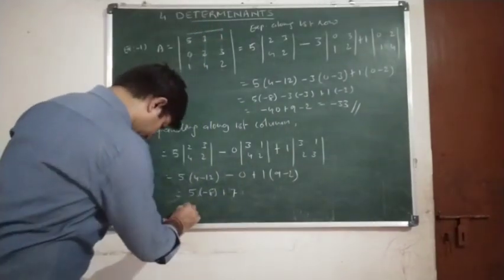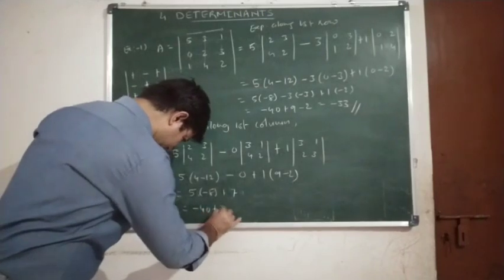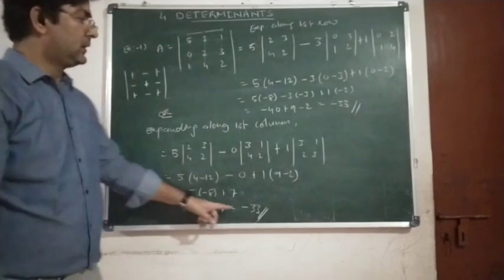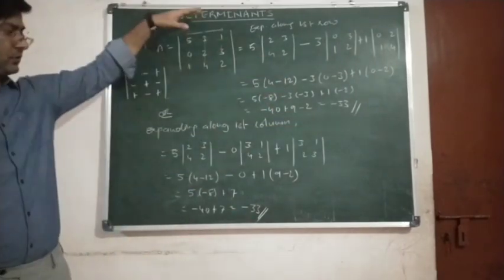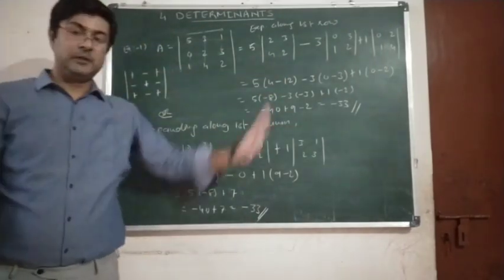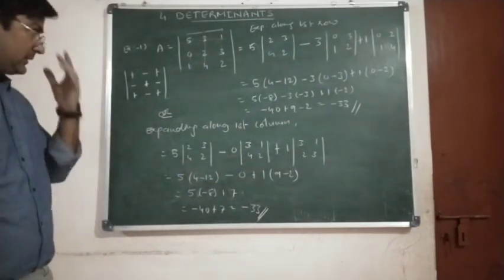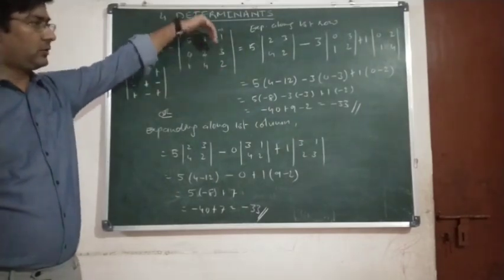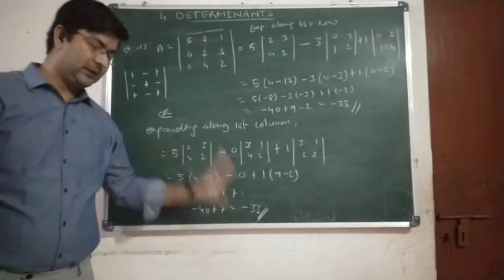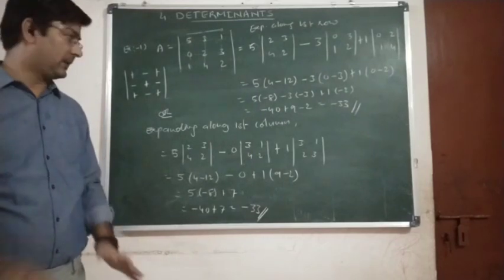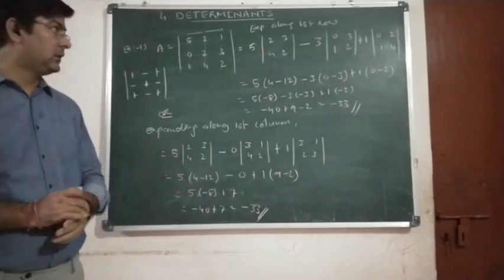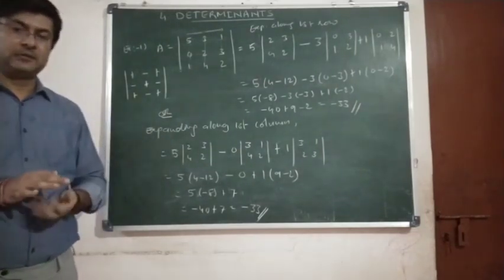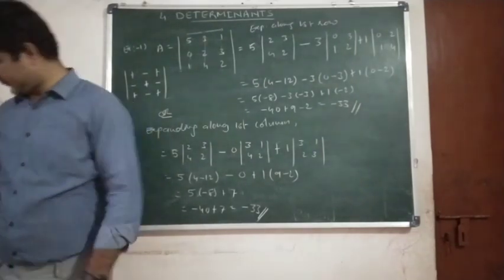So you will get 8 5s are minus 40 plus 7 is equal to minus 33. So notice that here we expanded along the first row and here along the first column. In both the cases we are getting the same answer. Similarly, if you expand along second row or third row or second column or third column, even then you will get the same answer, that is minus 33. So I hope the expansion of a determinant of order 3 is clear. Now let us move further.